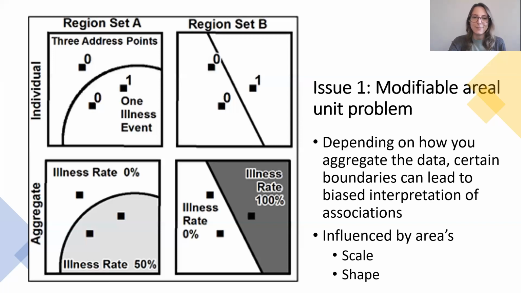Depending on how you draw this boundary, whether you use a straight line or a circle, it can really impact what that final rate will be. If you draw the line neatly around each of the disease cases, it'll obviously impact what the rate will be in that geographic area. So that's one problem, the modifiable areal unit problem.